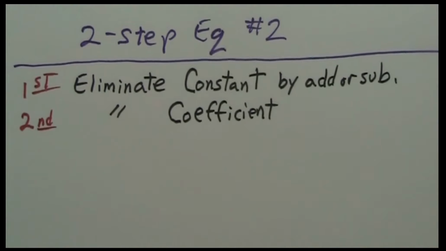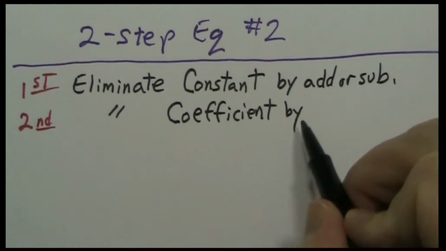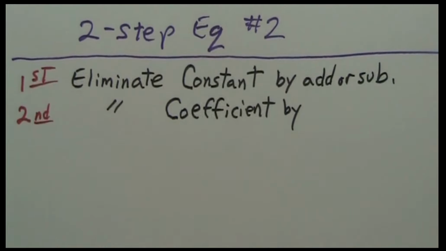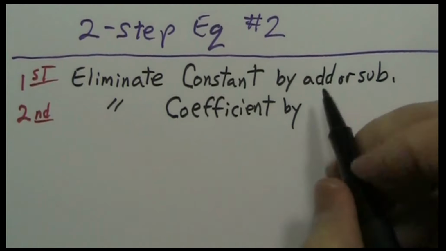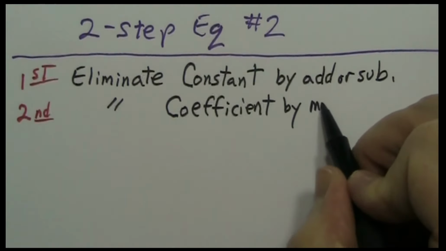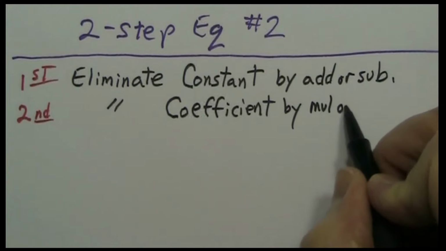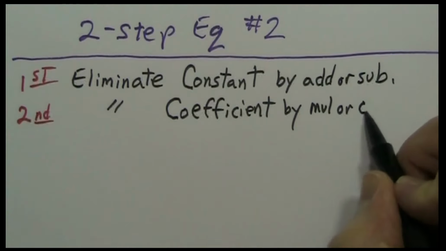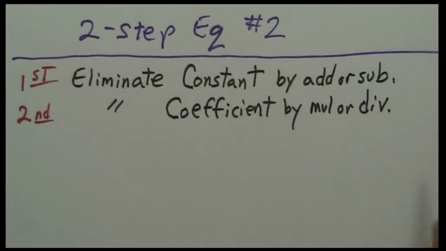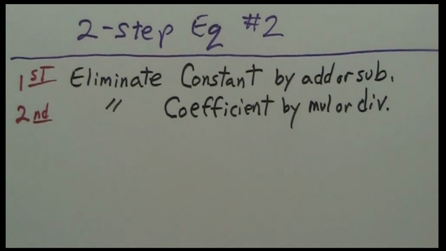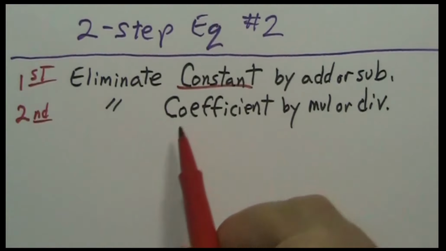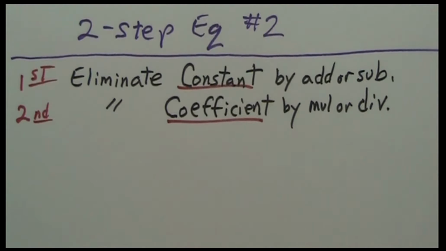And we're going to do that by multiplying or dividing. All right, so the first thing we need to do is get rid of the constant. The next step is to get rid of the coefficient.